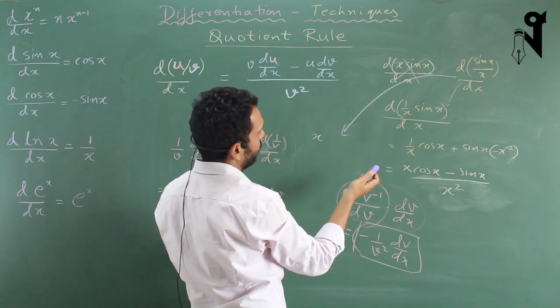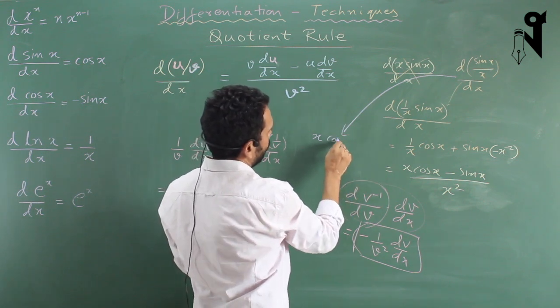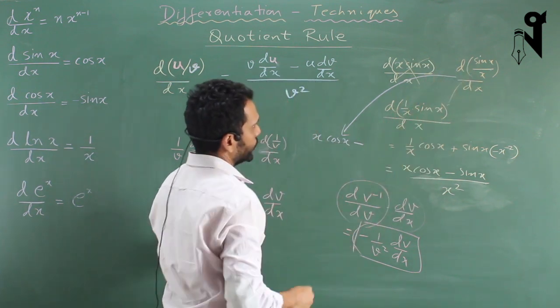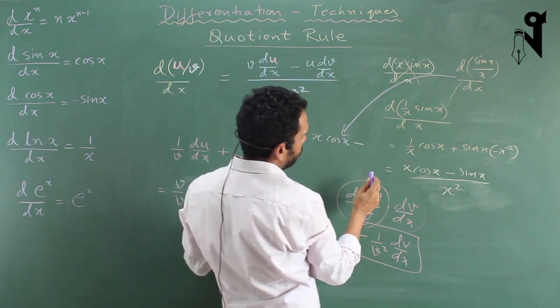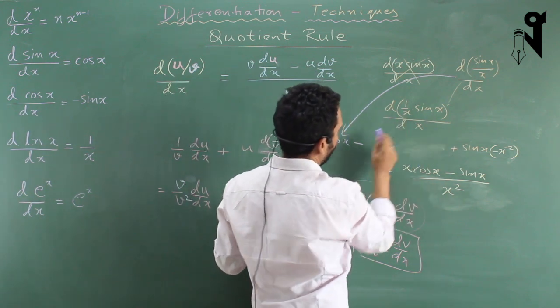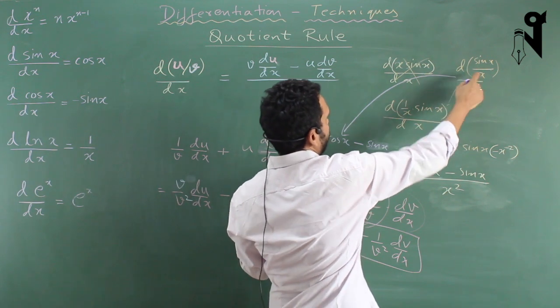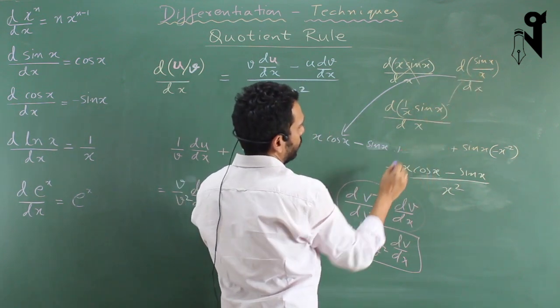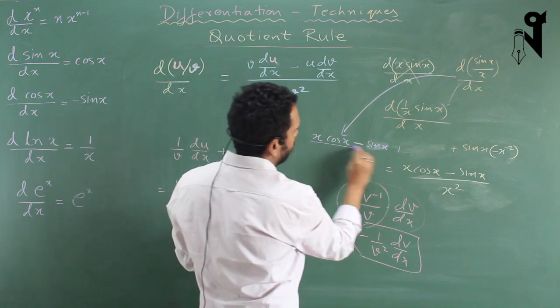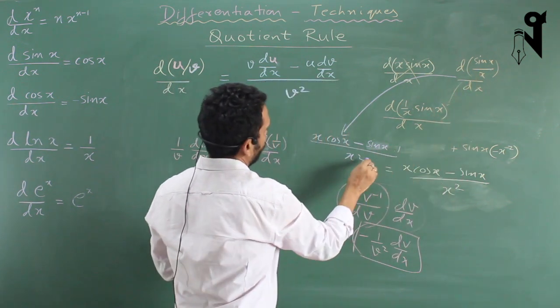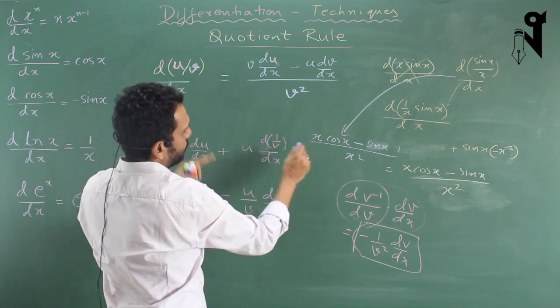So differentiation of sin x is cos x, differentiate the numerator, minus take the numerator outside, which is sin x, and differentiate the denominator. Numerator outside, differentiate the denominator, which is 1. Differentiation of x is 1, divided by the square of the denominator, which is x square.